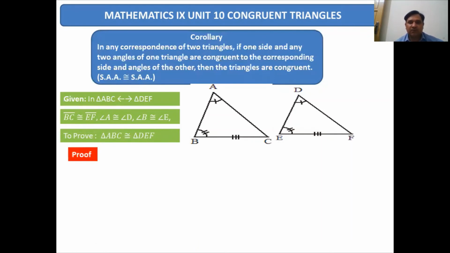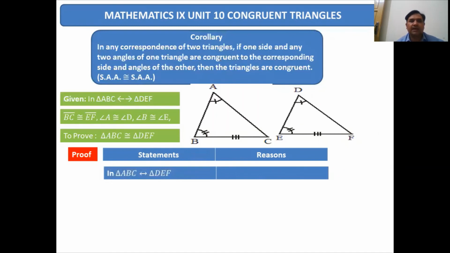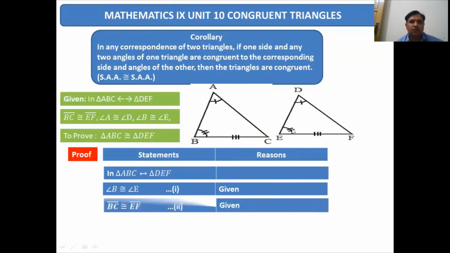So let's start the proof. In correspondence between triangle ABC and triangle DEF, it is given that angle B is congruent with angle E. Also, side BC is congruent with side EF. This is also given.